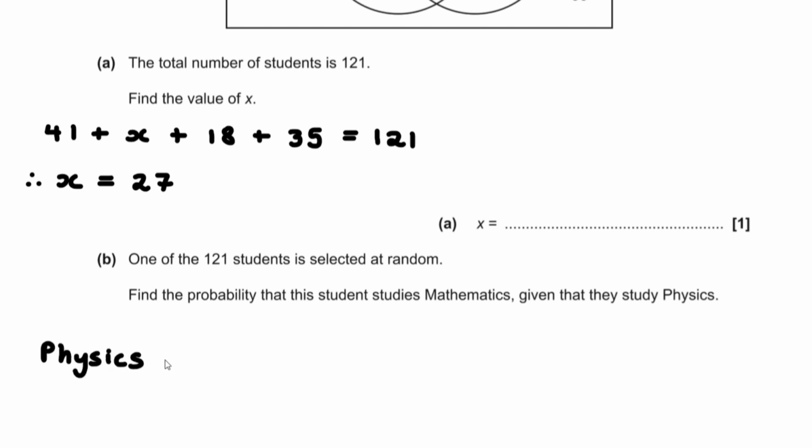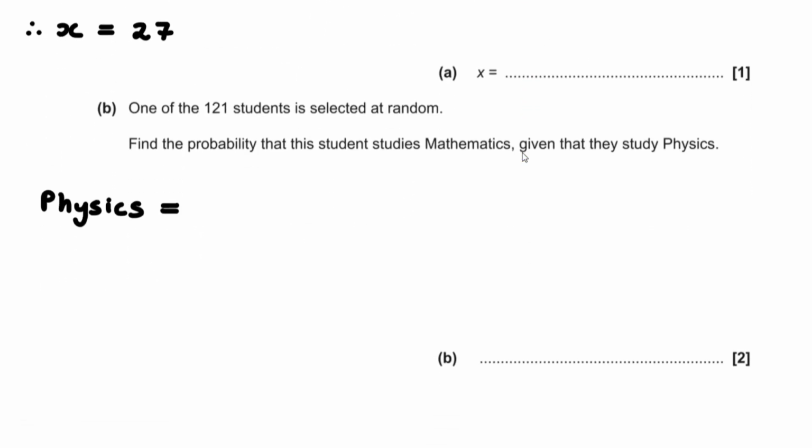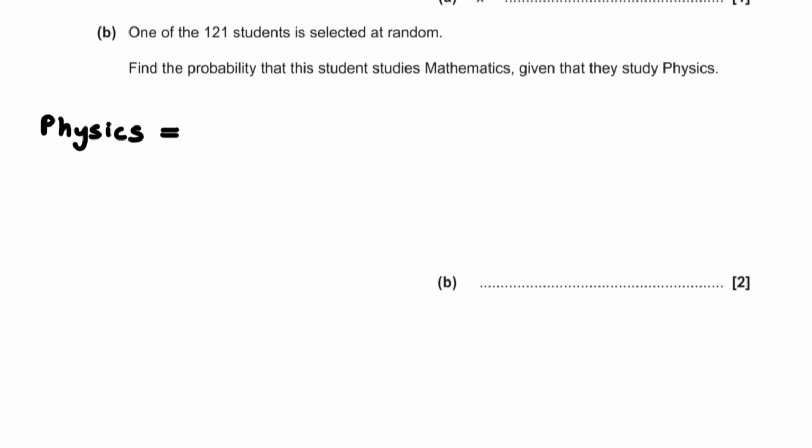The number of students who study physics, that's equal to the 27 plus this 18. So physics is equal to 27 plus 18. So if I work out what this is equal to, we get 45.